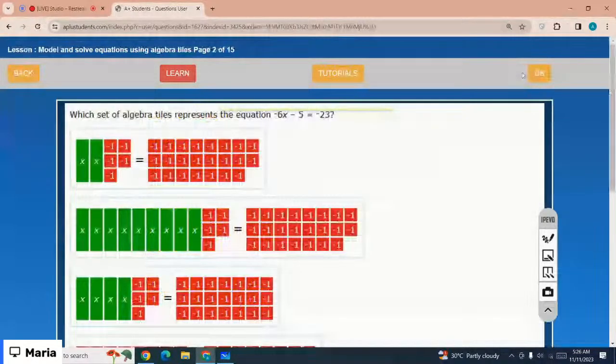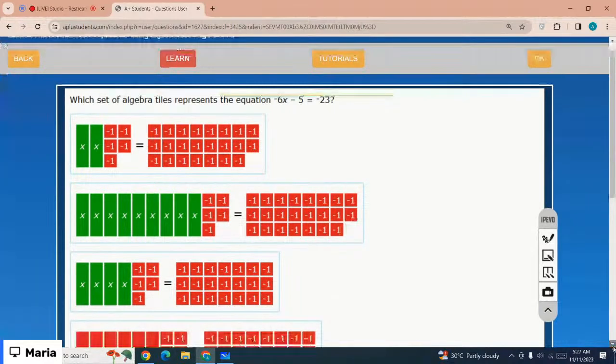Which set of tiles represents the equation negative 6x minus 5 equals negative 23? The correct option is, not this one. You have 1, 2, 3, 4, 5, 6 for x because they all are negative.